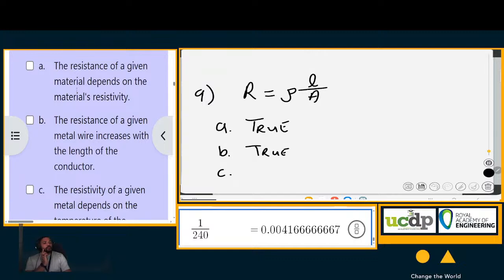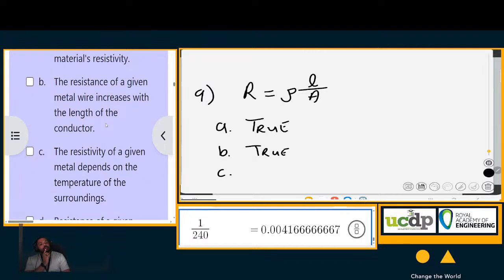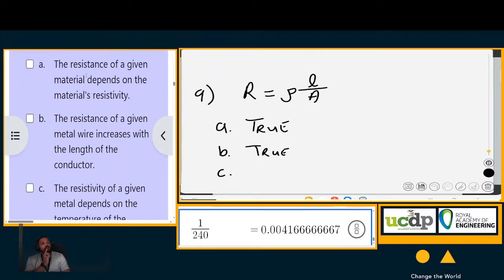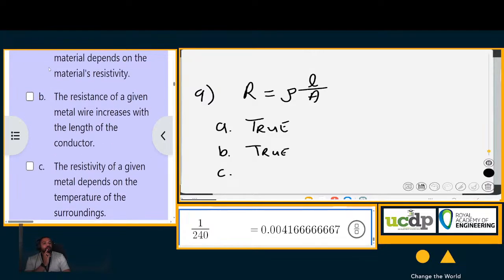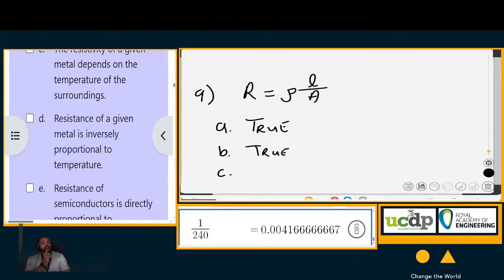C, select one or more. Which of the following is or are true? The resistivity of a material is true. True.